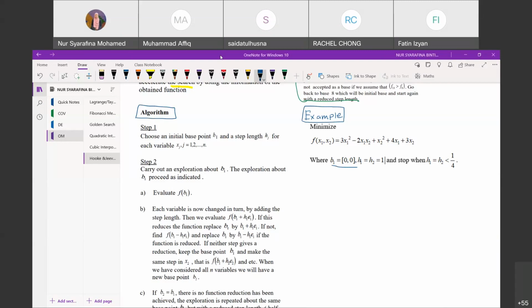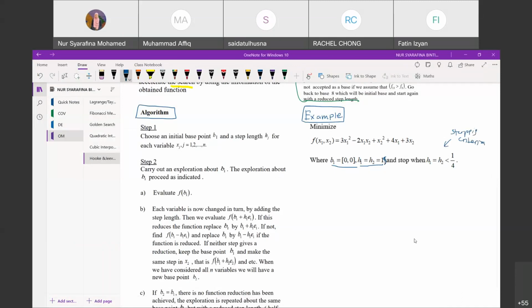It is given here H1 equals H2 equals 1. Then we should stop when H1 or H2 is less than 1 over 5. So this is your stopping criteria.